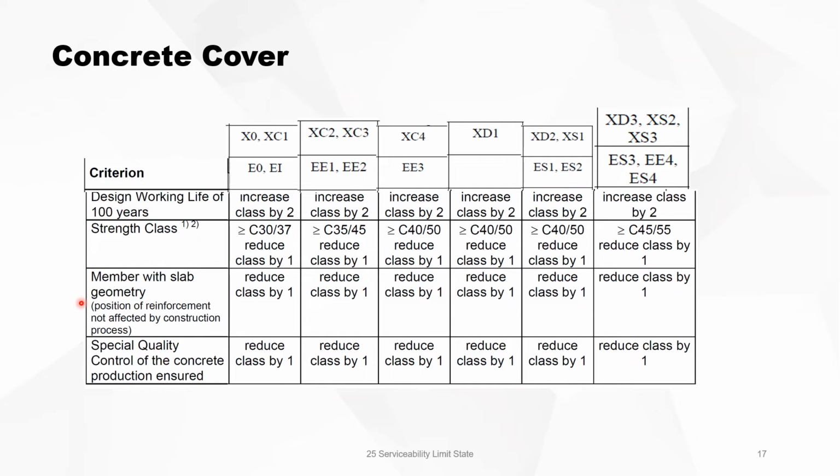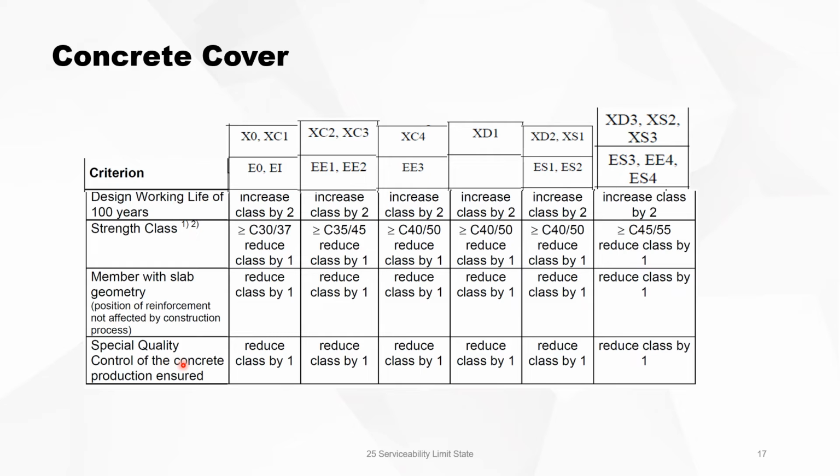If you have a member with slab geometry, it means that the position of the reinforcement is not affected by the construction process. It means most of the time it's for slabs and walls. Then you can also reduce the construction class by 1. And if you apply a special quality control of the concrete production, for instance prefabrication, don't mix it up with the delta C dev, which was an extra quality control on the concrete cover.